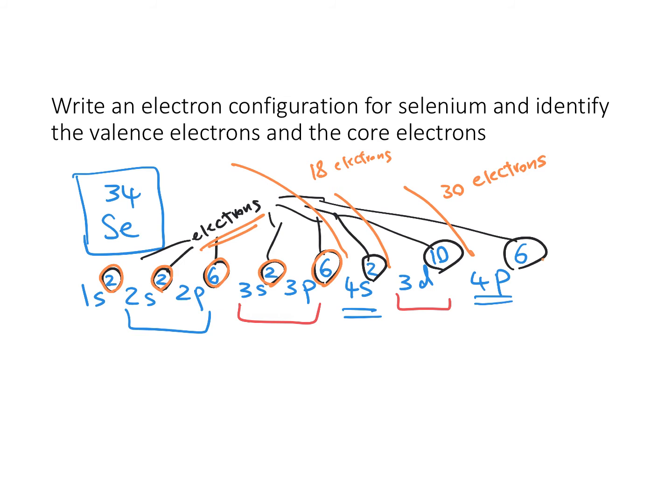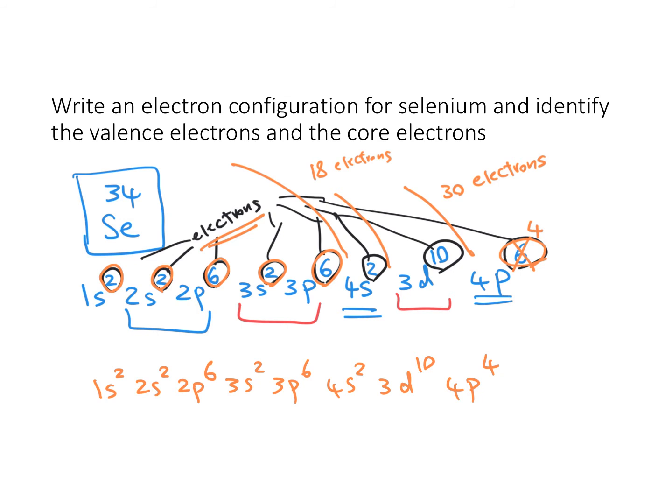How many is it with this 6? So how should I change this to have 34? Exactly. If I change this, and then you can count again to make sure that you wrote that correctly. So it would be 1s2, 2s2, 2p6, 3s2, 3p6, 4s2, 3d10, 4p4.